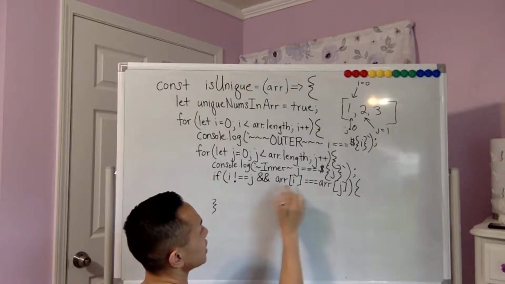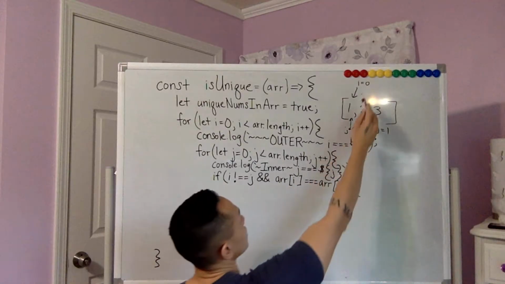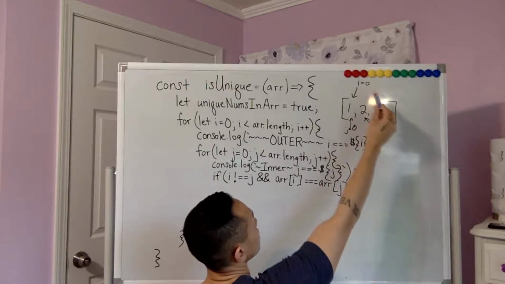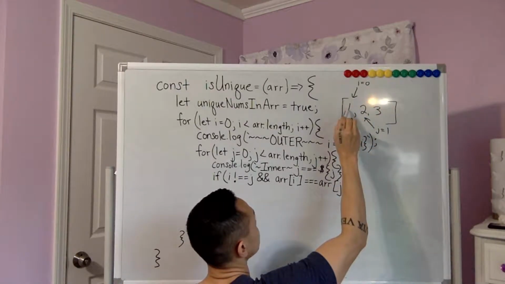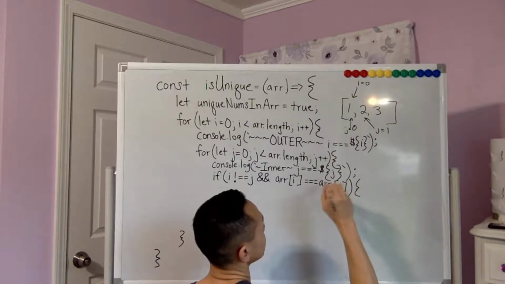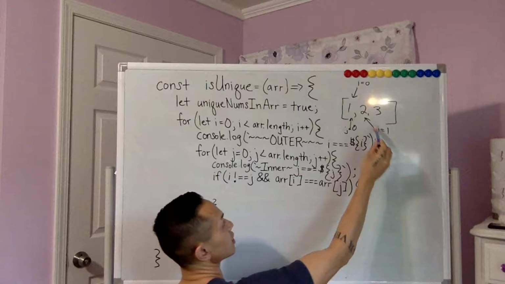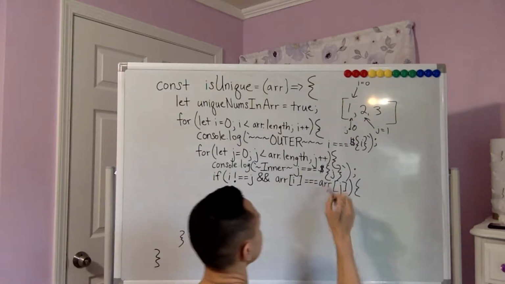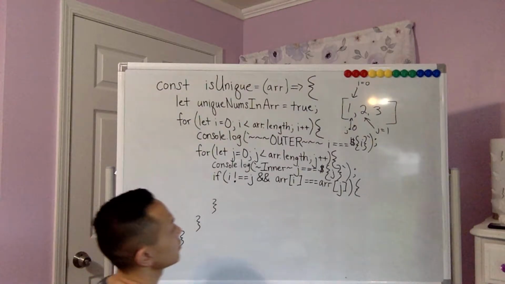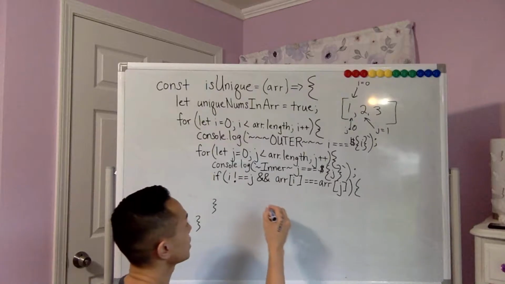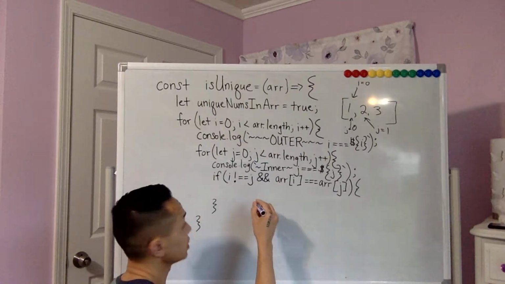So array at the index of i, so if we're in the 0th iteration, then the value here would be 1. And then if the array at the index of j is 2, then 1 is equal to 2. That doesn't fulfill it, so it'll just skip whatever is inside this code block, which we're going to put in here.